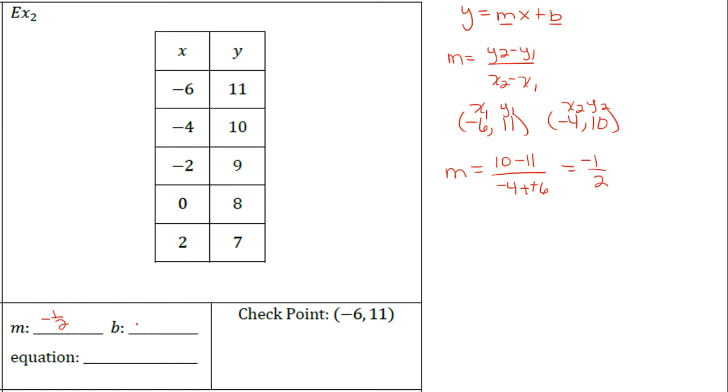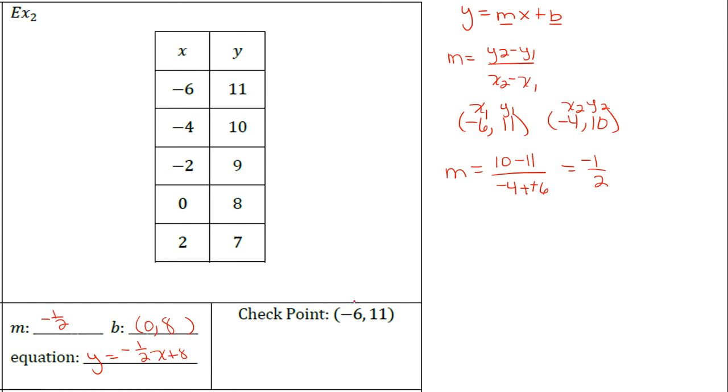The y-intercept is when x is 0. So look in your table, and we can see that when x is 0, y is 8, and that is our y-intercept. Now we can put this together, and we get our equation, y equals -1/2 x plus 8.